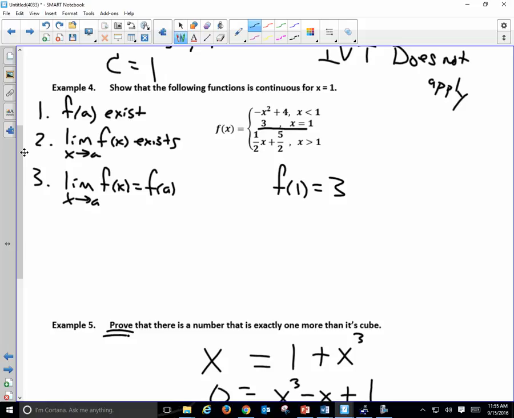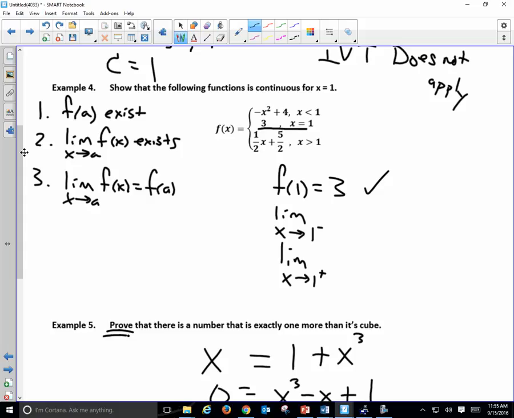So now we want to check to see if the limit exists. Well, in order for the limit to exist, I must check the limit from the left, and I must check the limit from the right. So if you look here, this is a piecewise function. It's equal to negative x squared plus 4 from the left. It's equal to 1/2 x plus 5/2 from the right.